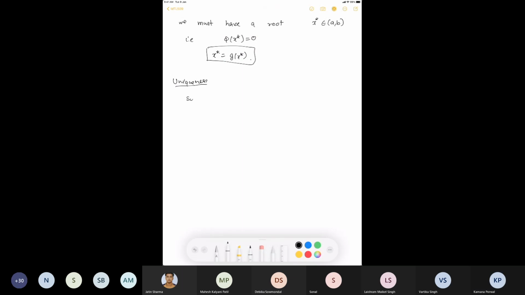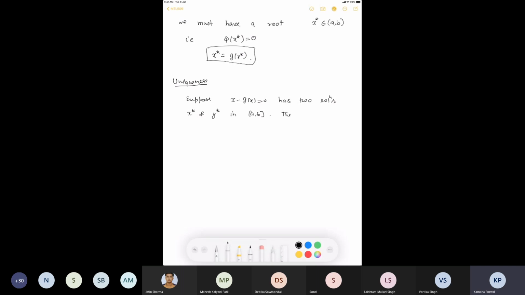Suppose x minus g(x) is equal to 0 has two solutions. Let's call them x star and y star in the interval [a, b].